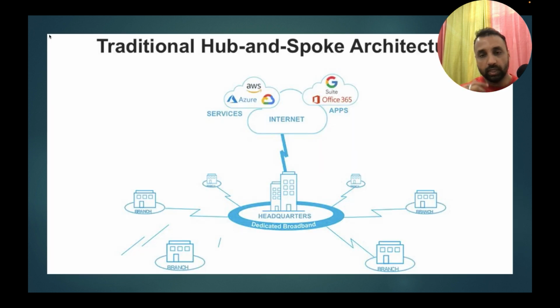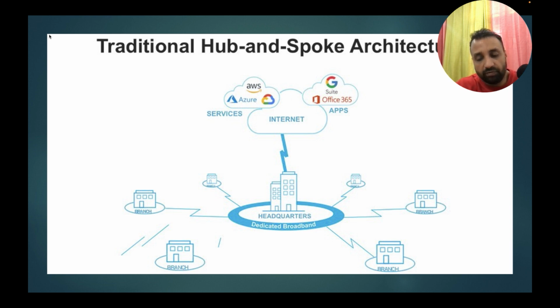Also on the network side, from the corporate point of view, a very common structure, which still exists today for a lot of large organizations, is that they would have a central headquarters and a lot of branch offices, with all the users sitting in the branches.